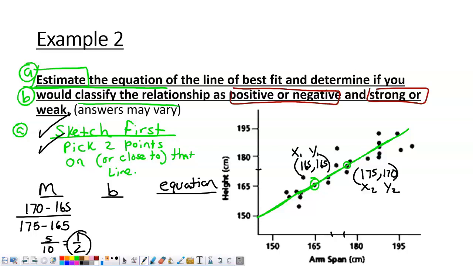So now part B. For part B, we pick one of these points. I'll just go with this one here. You're going to plug in a y value, your slope, and an x value. And then you can solve for b. All right. So half of 165, what would that be? 82.5, I think.